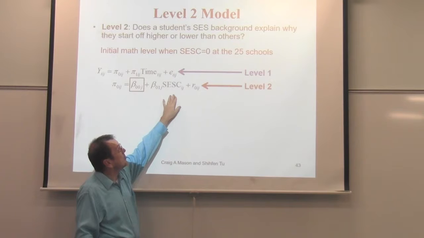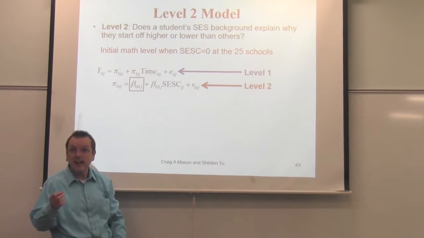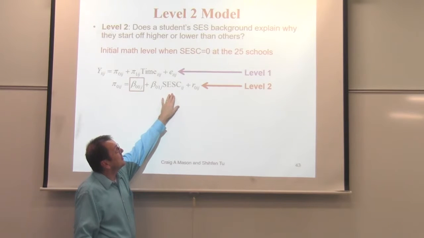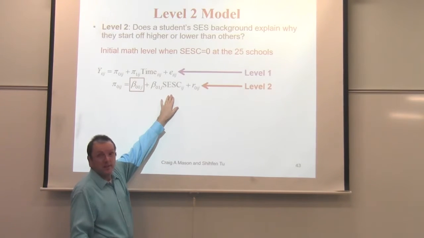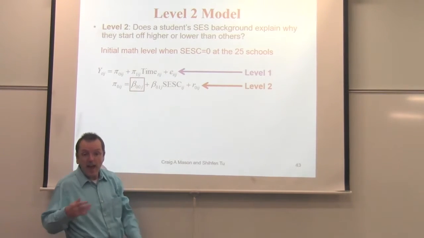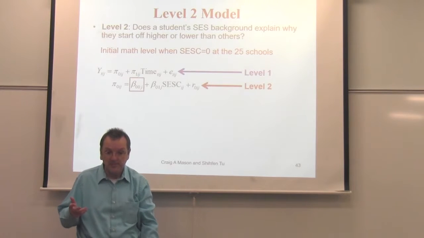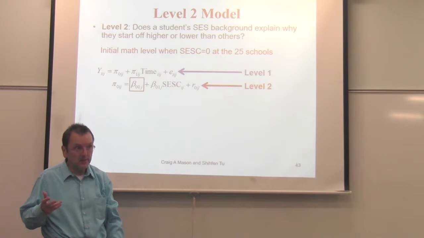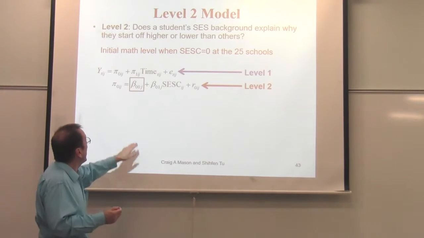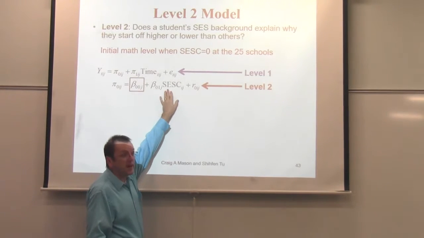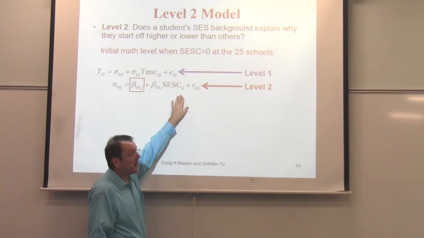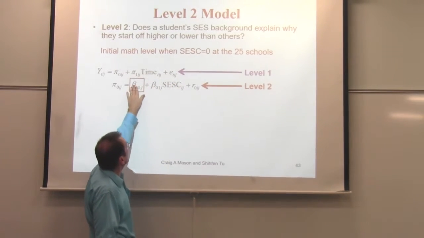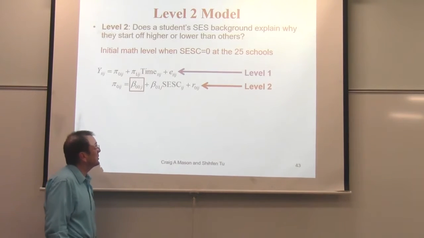Well, our independent variable here is SES centered. Because it's centered, it's the average SES. Because if this is equal to 0, then that drops out, and our predicted score is just beta 00j.